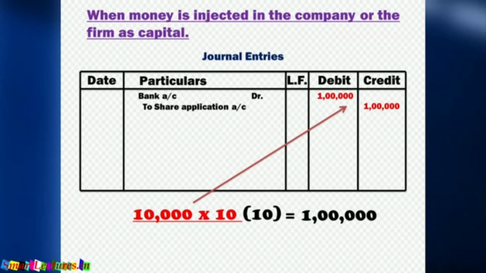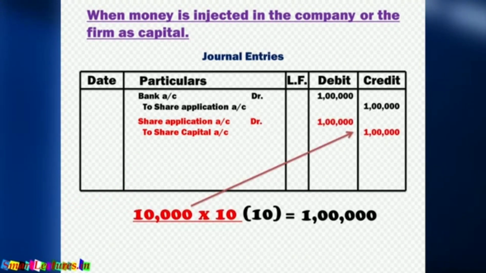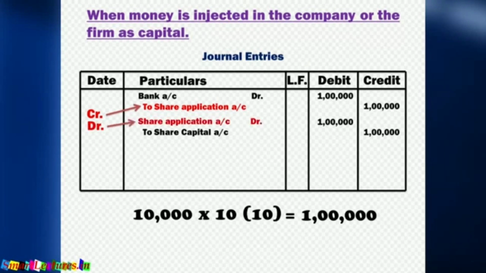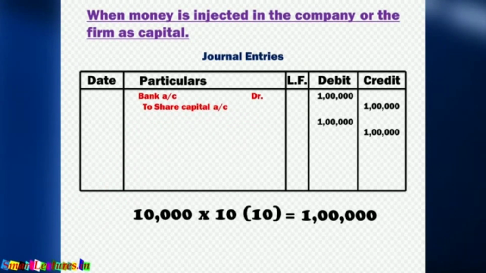And immediately a new journal entry of transfer will be passed. And that journal entry will be share application account debit to share capital account. That is 100,000. If you combine this entry, you will see that share application has been credited, then it has been debited. Means ultimately this account will be cancelled and the net journal entry will come up bank account debit to share capital.